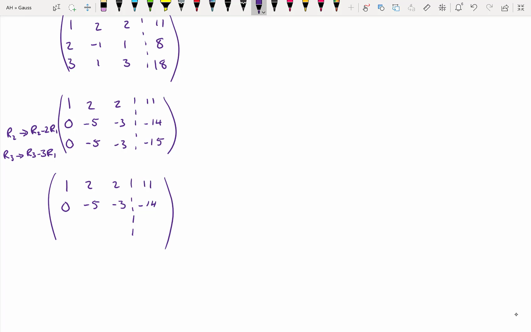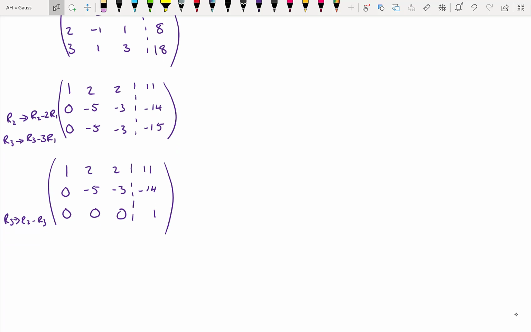But when I'm coming to do this, my row 3 is going to become row 2 minus row 3. And that, when I actually work it out, is going to give me 0, 0, 0, minus 1. In fact, no, it will just give me 1. Never mind.